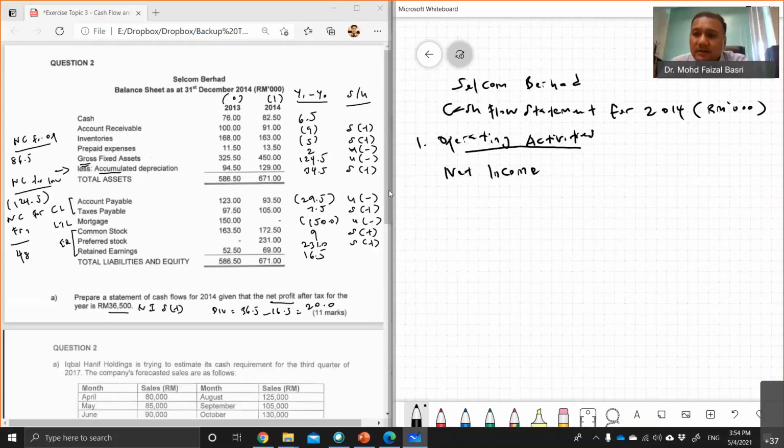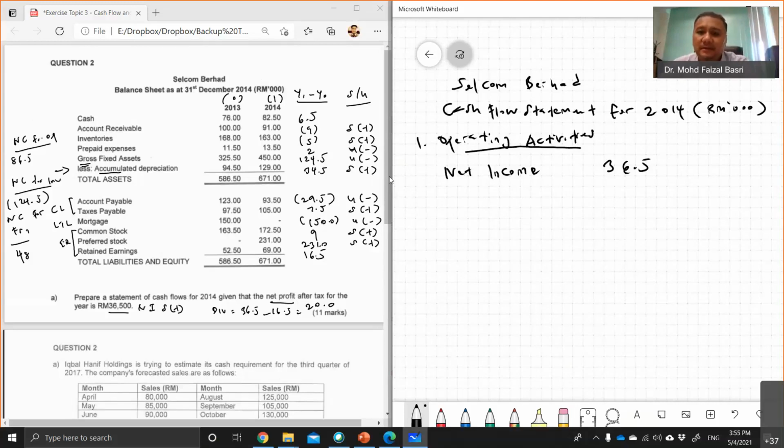So I'm going to use 36.5, which is 36,500 ringgit. If you don't want to use the thousands decimal on top and want to put it in full, you can do that, but make sure everything else is consistent. This would be much easier in terms of documenting. It'll be shorter to record everything. I prefer this way to record.